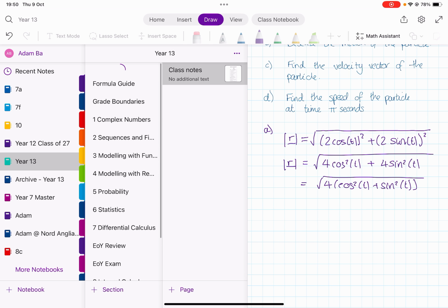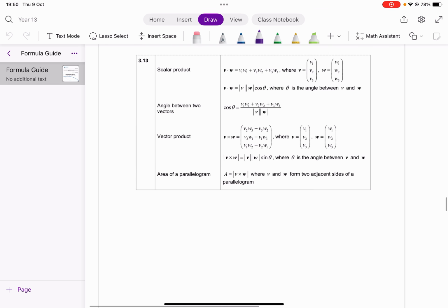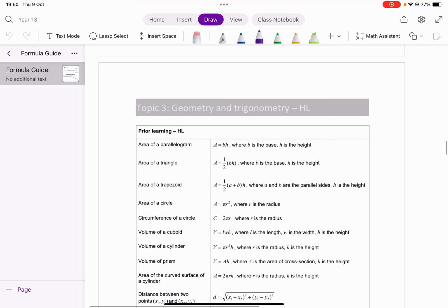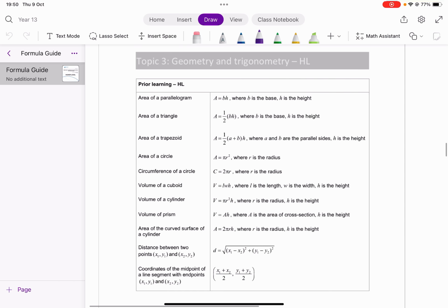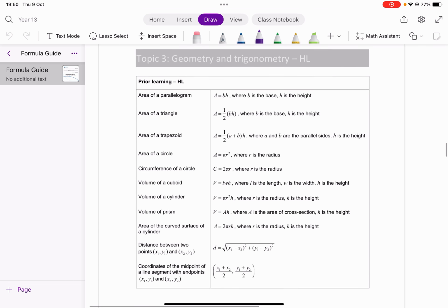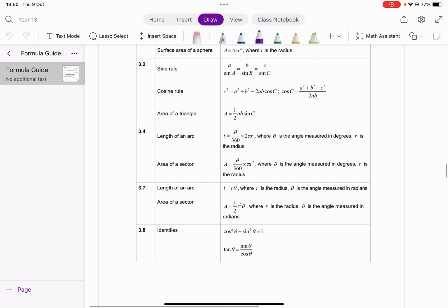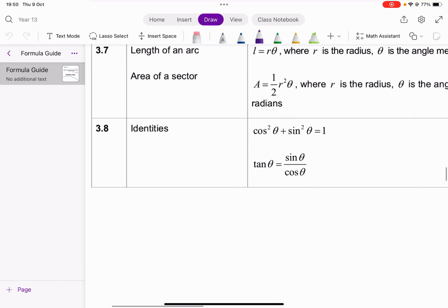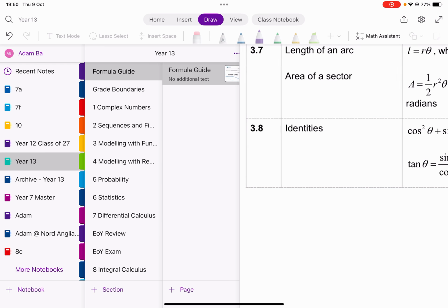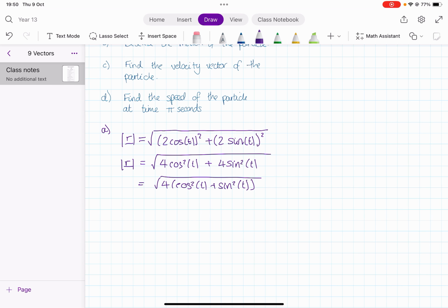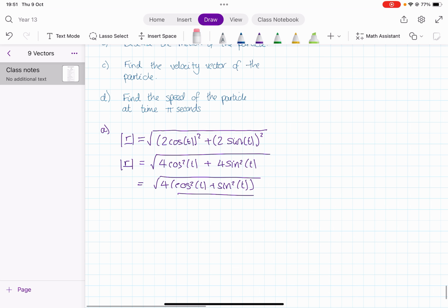In your formula guide, and it's something that we'll review as probably our final unit when we're starting our review, we have our trigonometric identities. This is the one we're going to be using today: cos squared theta plus sine squared theta equals 1. So let's see what happens when we do that. That means this whole bracket here is equal to 1.